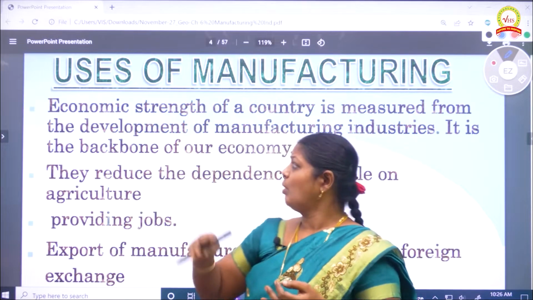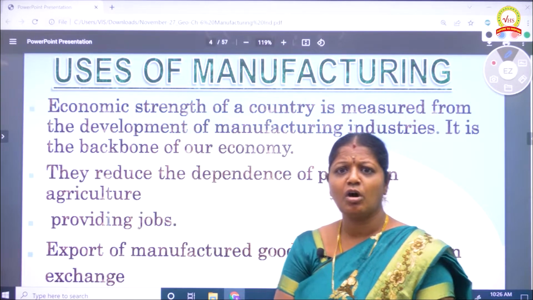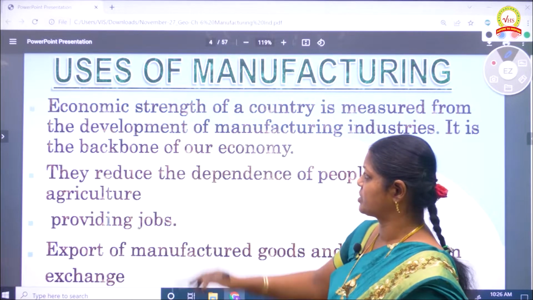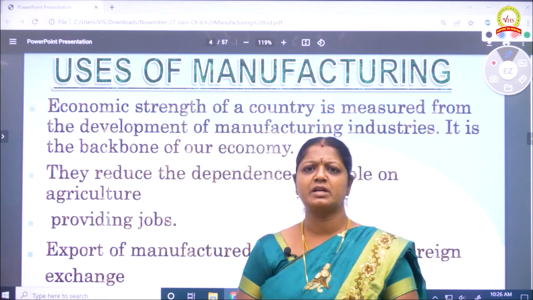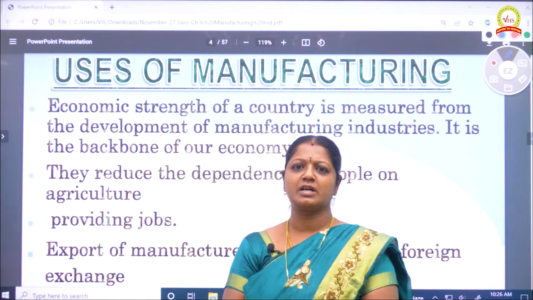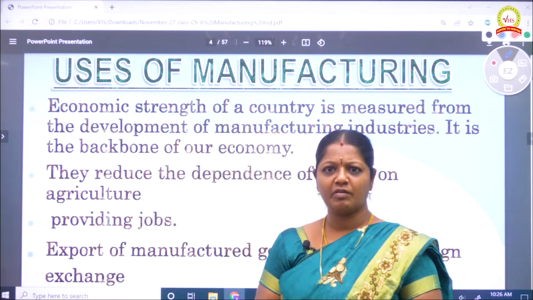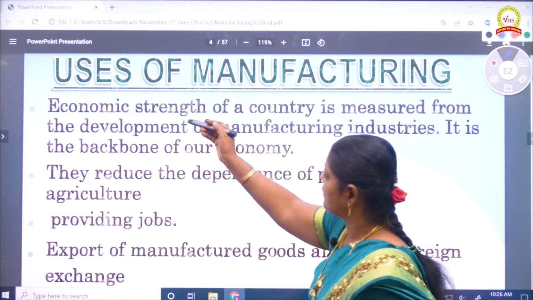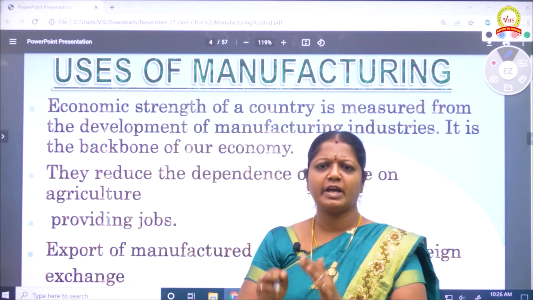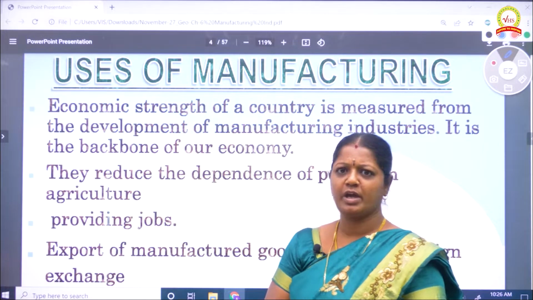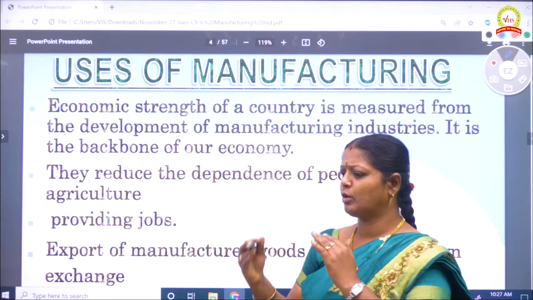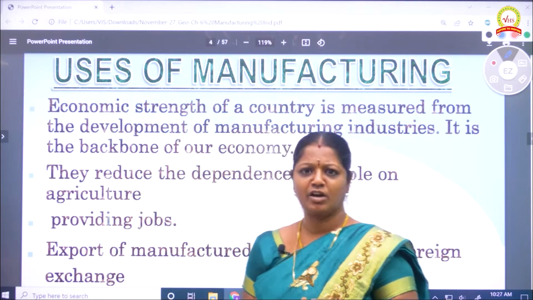The manufacturing industry is considered the backbone of our economy, while agriculture is considered the backbone of our country. Manufacturing industries go side by side with the agricultural sector. Without manufacturing, the agriculture sector cannot survive, and without agriculture, the manufacturing sector cannot survive.